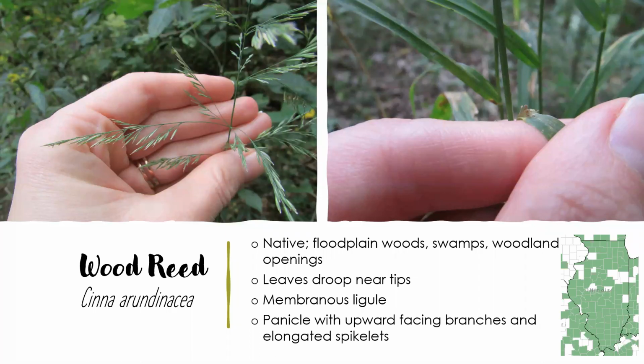The leaves on this grass are going to droop near the tips, and there's a distinct membranous ligule that we can see in this photo on the right. The panicle has somewhat upward facing branches, so they're going to tend to be held up a little bit.